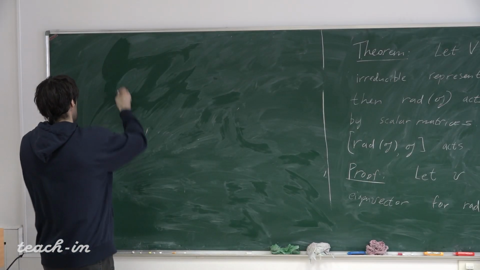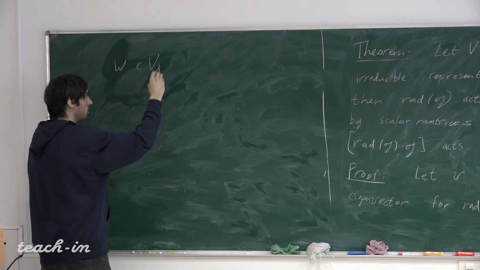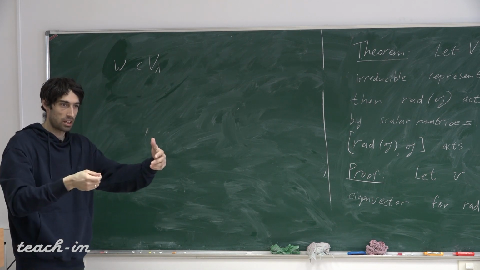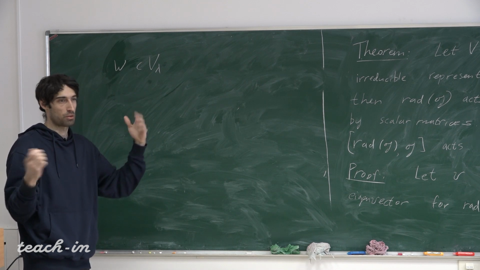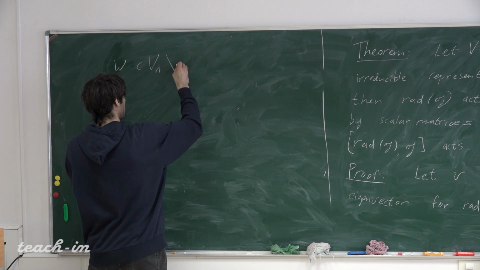Let's take some W from V lambda, and let W be not 0. I would like to check that if I act by X from G, it stays in V lambda. For 0, it's evident.